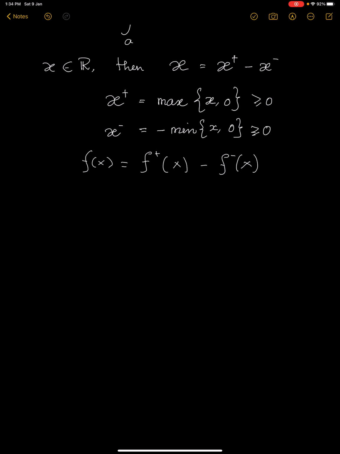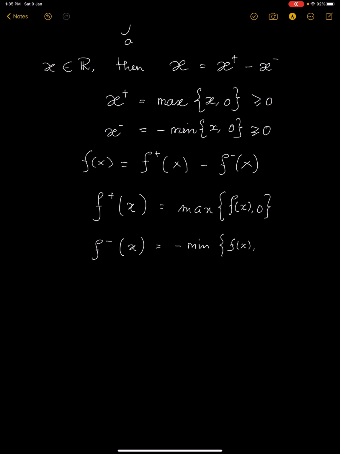So it can also be written as f plus x minus f minus x, where f plus x is the max of f(x) and 0, and f minus x is the minus of the min of f(x) and 0.